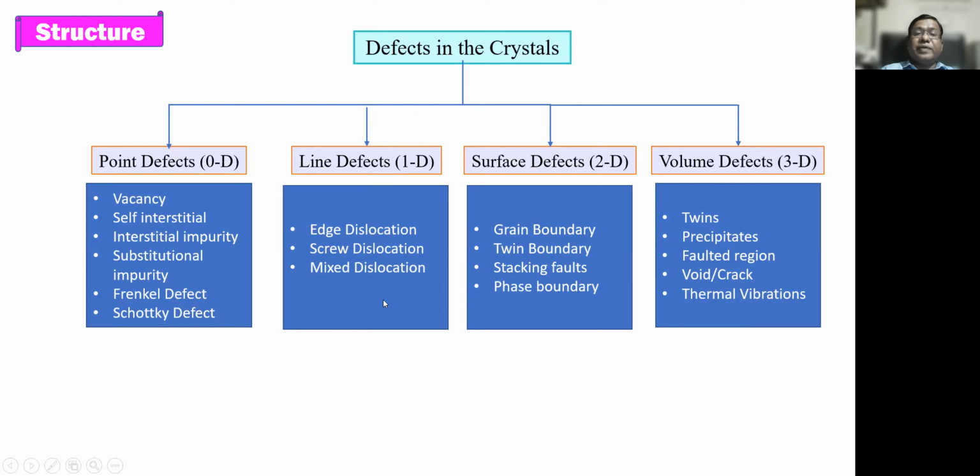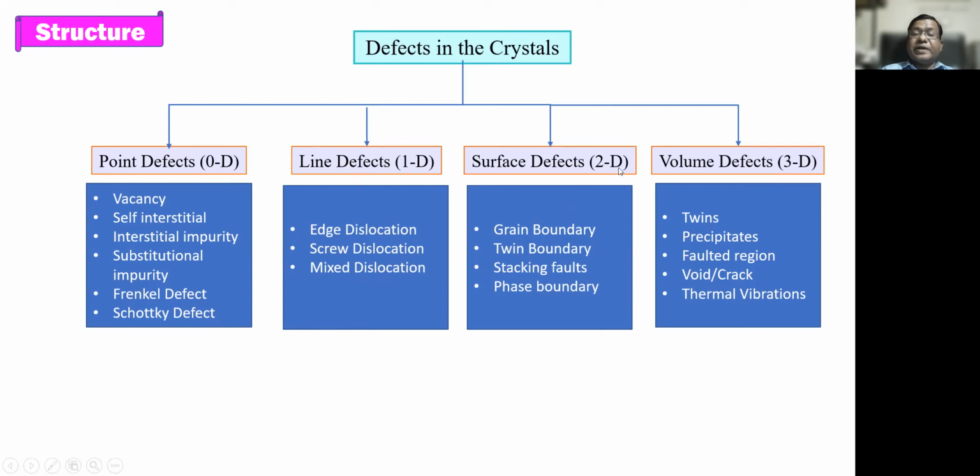In the case of line defects, there is edge dislocation, screw dislocation, and mixed dislocation. We will see only the defects which are required to understand our topic, that is structure and property. All the other defects we are not going to see here.